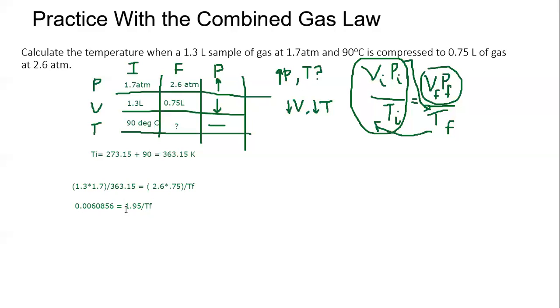So notice here at this point, T final is on the bottom. The way we move T final to the other side is we multiply both sides by T final. And you see that T final on this side cancels. Now to get T final by itself, we need to divide both sides by this 0.0060856.